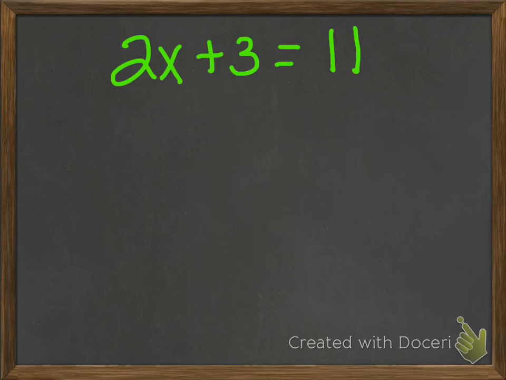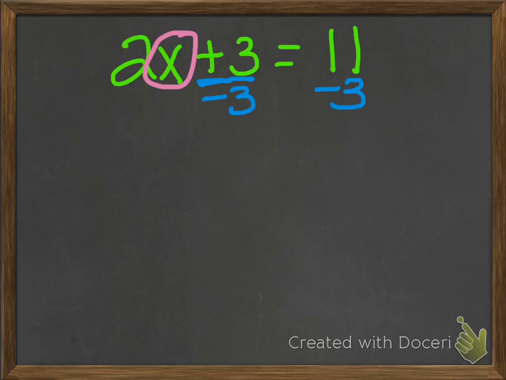We're going to look at those first. Do I have any adding, subtracting on the left side? Because we're trying to isolate the x, right? So, let's first get rid of adding 3. So I'm going to subtract 3 from both sides.